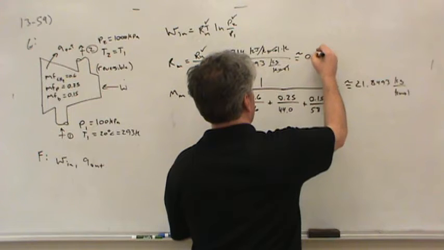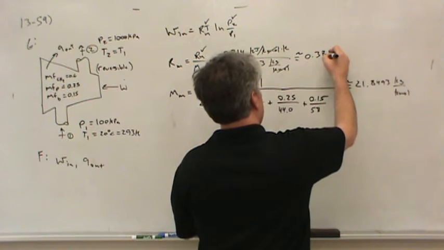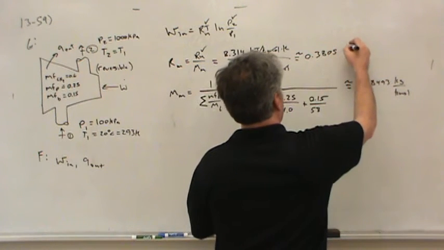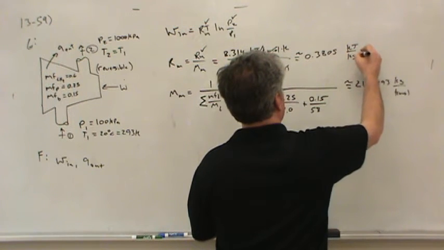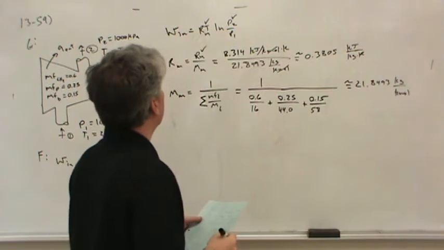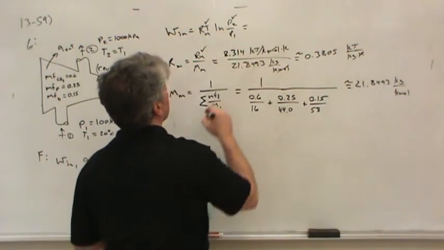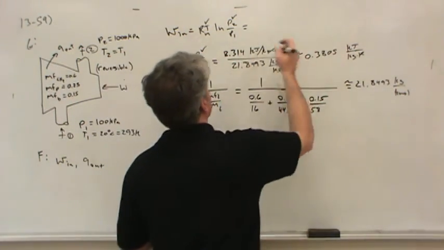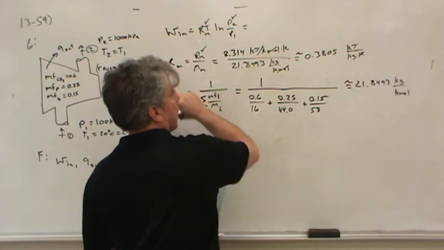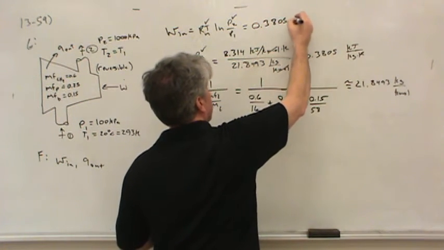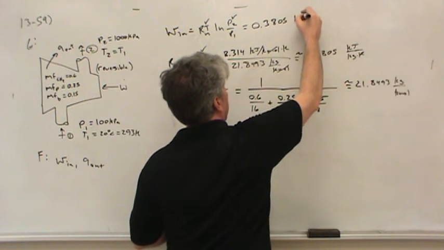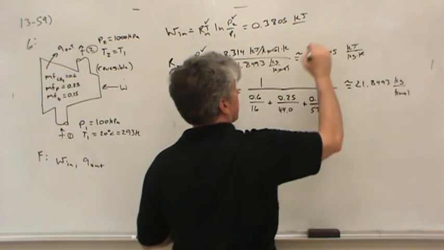It comes out to about 0.3805 kilojoule per kilogram per Kelvin. And so the mixture apparent gas constant, 0.3805, can be used so that we can calculate the specific work input.